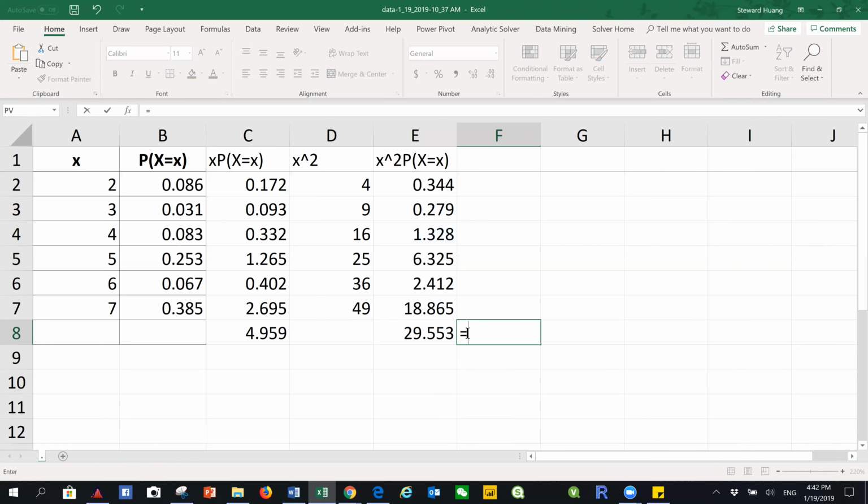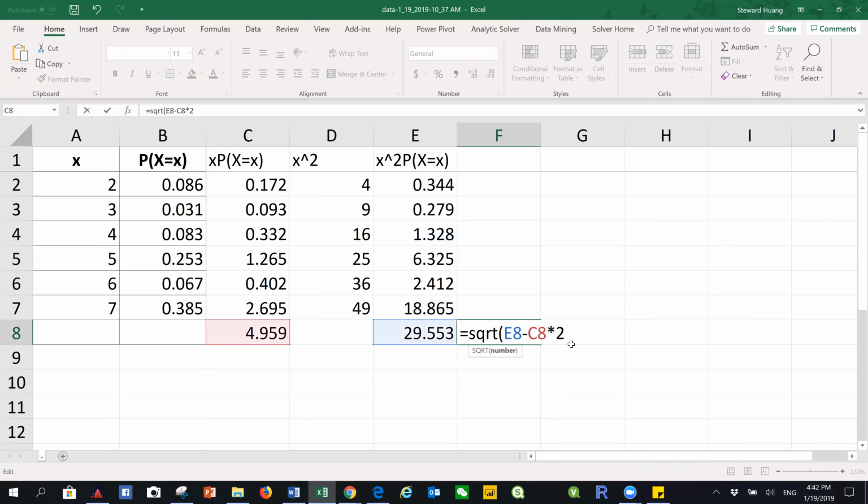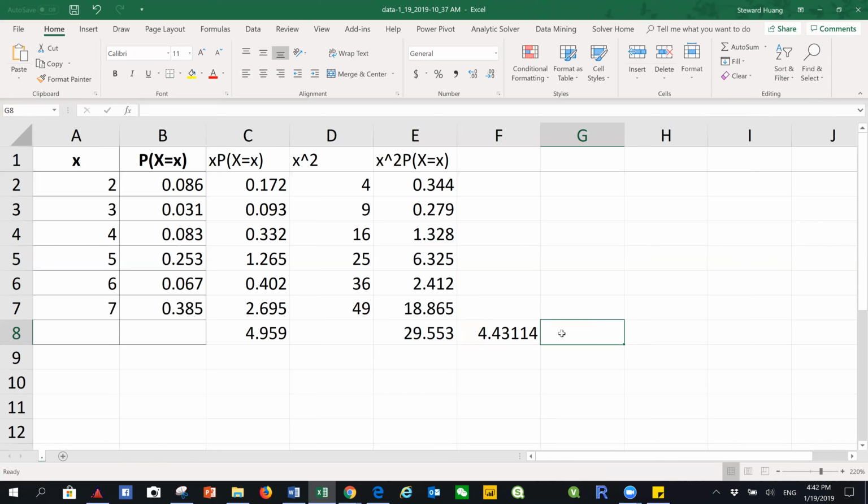So equal to this guy minus mu squared. But take the square root, SQRT, parenthesis. This is your sigma, based on the formula.